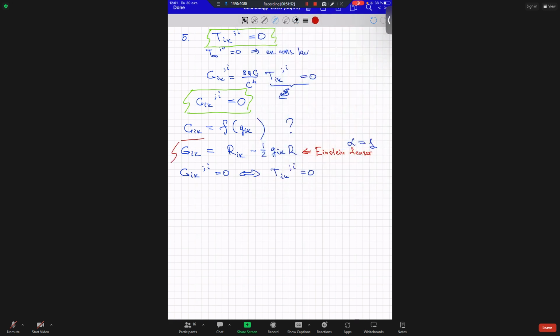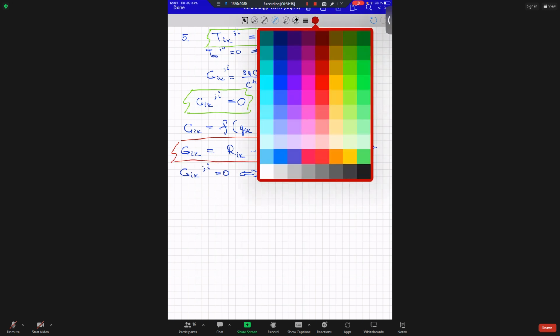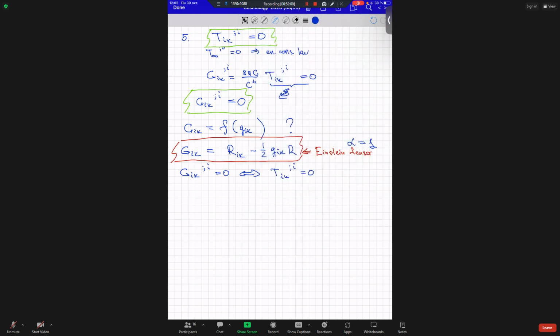We can put it in a frame again. So we can finally write the Einstein equation. On the left part we put R_ik minus 1 divided by 2 g_ik R, and on the right side 8πG divided by c^4 T_ik.